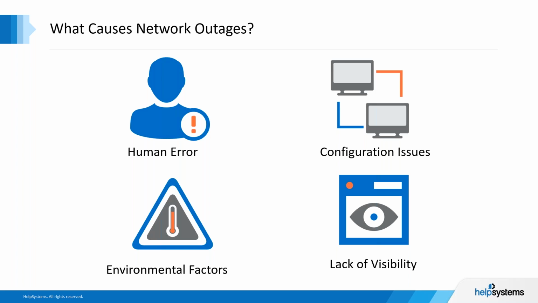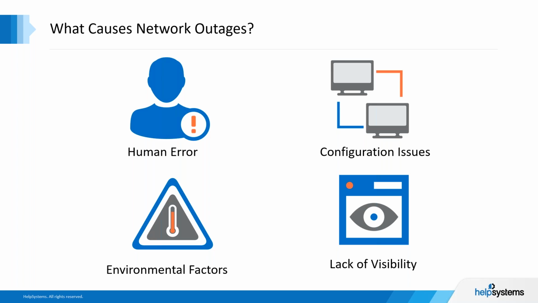And then last but not least, the lack of visibility into your network. If you look at some of the surveys within the industry, about 40% of network professionals have indicated that lack of network visibility is something they are looking to improve upon.